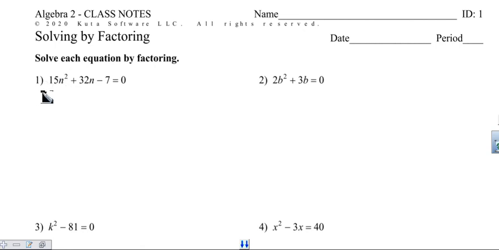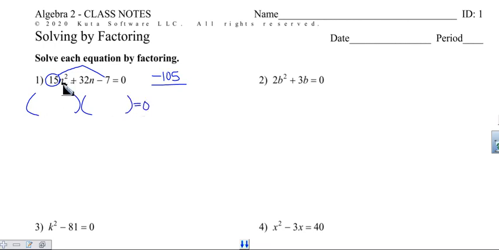The method I showed you last week is a method that some people call the bottoms-up method. Basically, you take that lead coefficient and you use it twice. The first time, you multiply it times the last term. 15 times negative 7 is negative 105. This becomes our new number that we're going to use when factoring into the two parentheses.